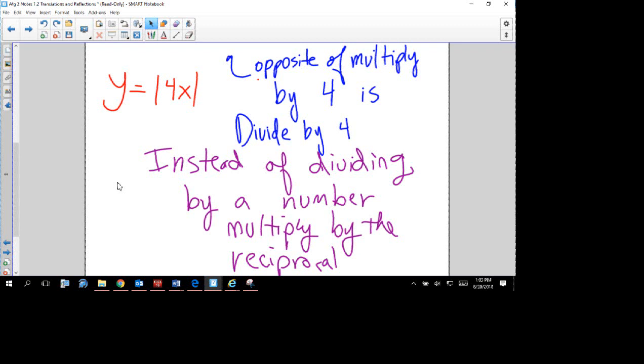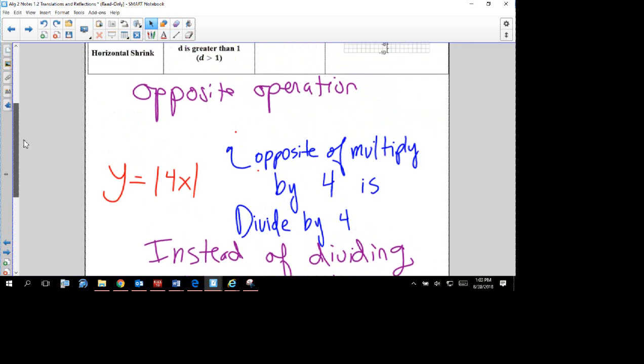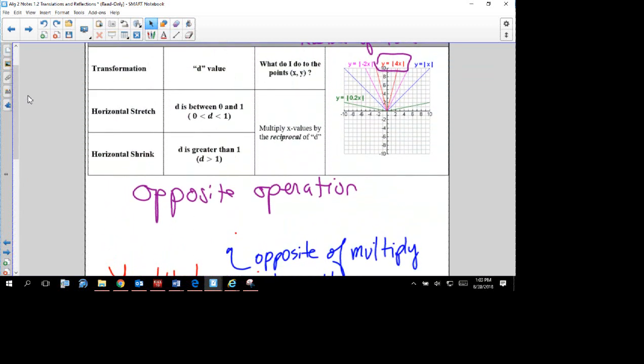I'm going to push those arms in, horizontally shrinking them. So if you look at the picture, you can see the red one is the last one, and it was pushed in from the blue one in that picture. You don't have colors on yours, but you can see that y equals absolute value of 4x is way skinnier than y equals just absolute value of x.